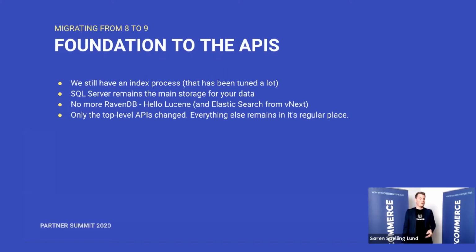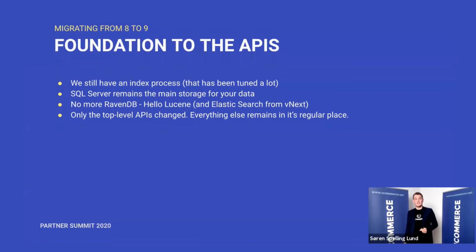So we, of course, swapped away RavenDB and introduced Lucene, and not tomorrow, but in the near future, Elasticsearch, going from 9.4. And in your porting of the platform, only the top-level APIs have changed.